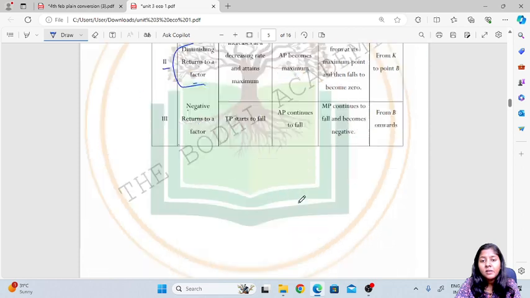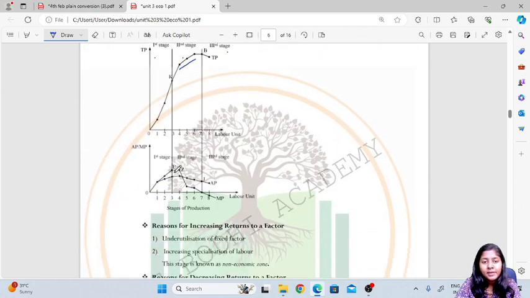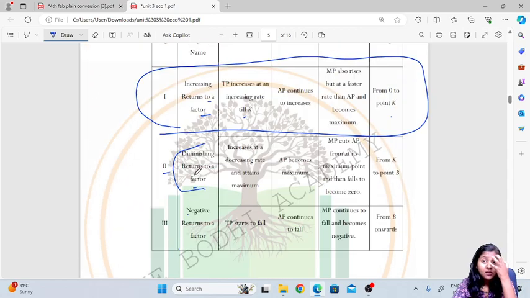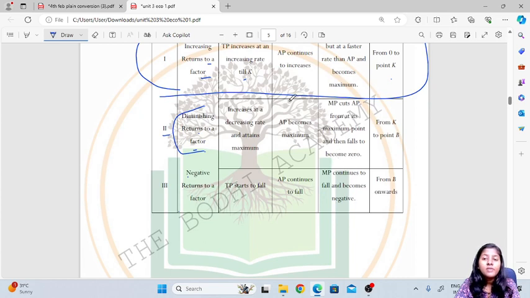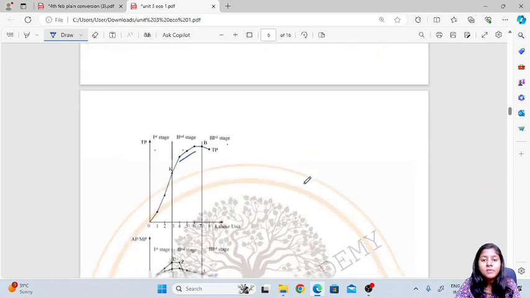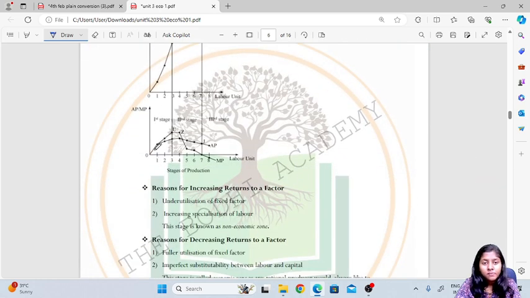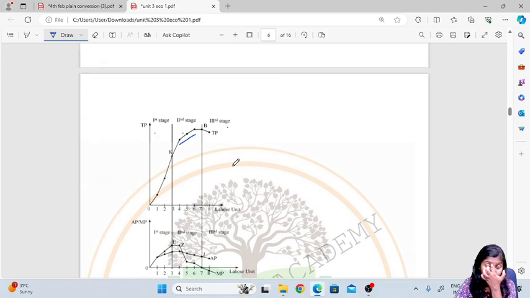Then AP becomes maximum here. MP, marginal product, cuts average product at its maximum point and then falls to become 0. Here MP is cutting the AP, and then it is falling to 0, then coming to negative over here.